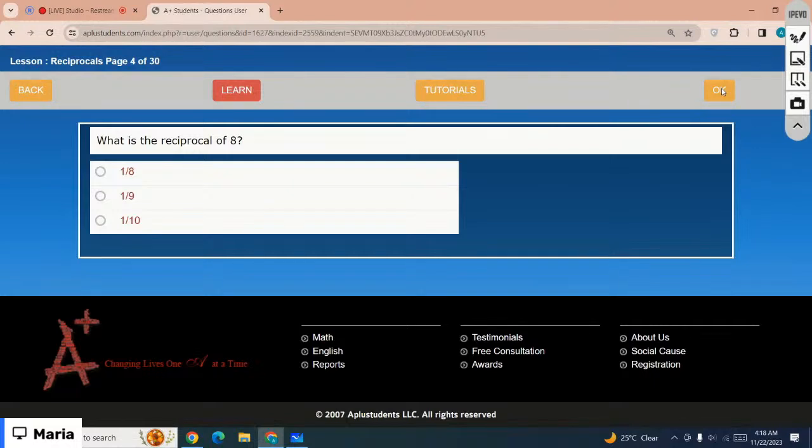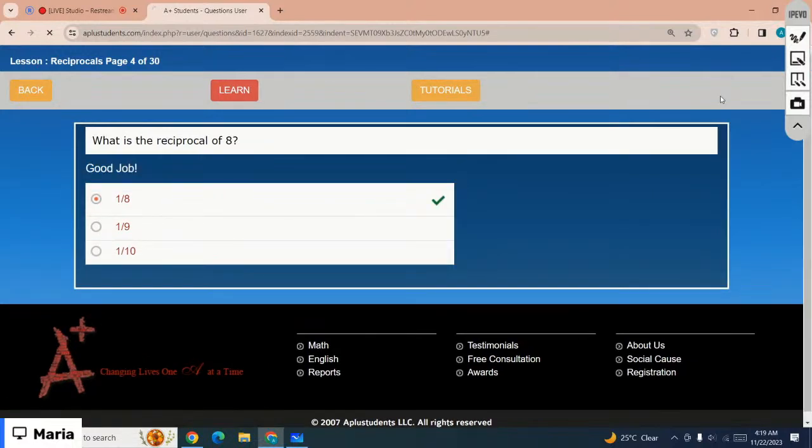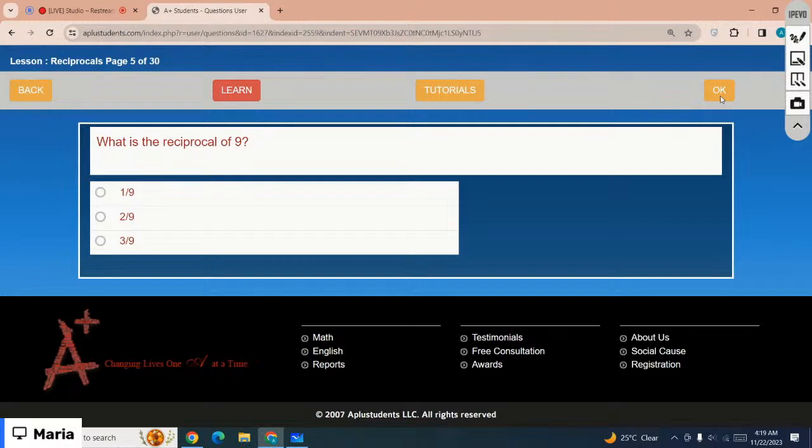What is the reciprocal of 8? Which is the correct option? Yes, that is 1 over 8. Very good. The correct option is option number 1. What is the reciprocal of 9?